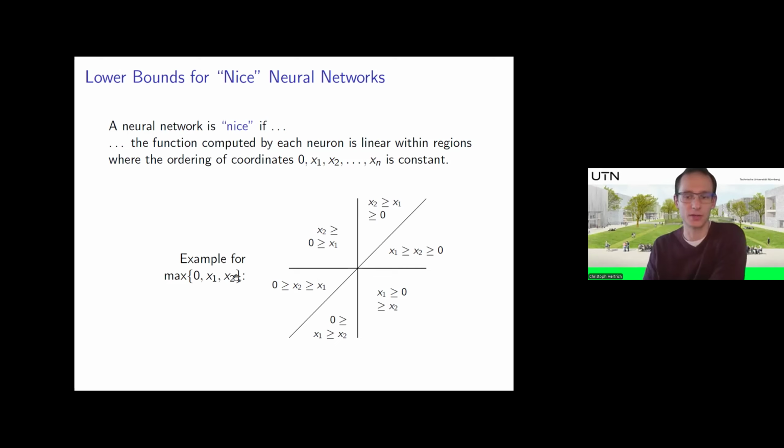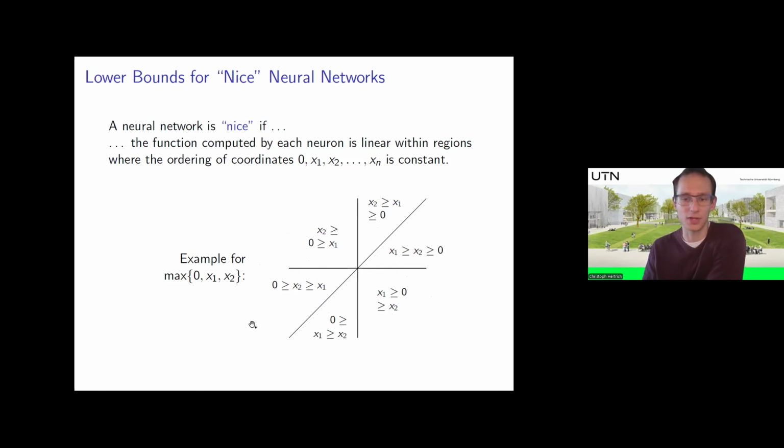So if you look at the whole space and you subdivide it into all the permutations of the inputs, then you obtain a hyperplane arrangement like this. And then you look at all the cells. Now the idea would be our neural network to compute the maximum function is nice if it is linear within each of these conic cells we have in this hyperplane arrangement.